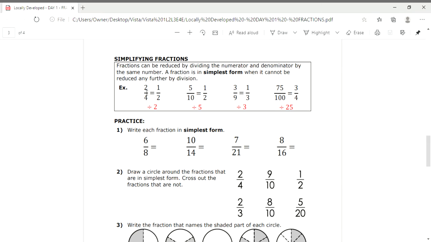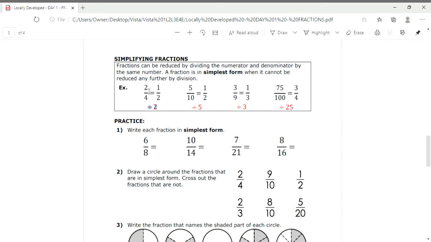For example, if you were given the fraction 2/4, you could simplify it. And by simplify, we mean you could divide it by the same number to make the overall fraction look as if it has smaller numbers. Now 2 and 4 both can be divided by 2.